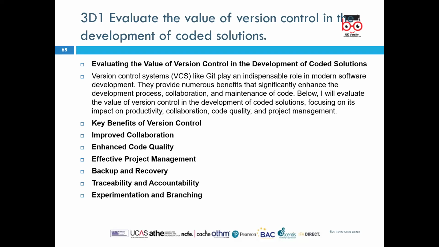In our distinction task, we're now going to evaluate the value of version control in the development of coded solutions. With a version control system like Git, we know that this plays an indispensable role in modern software development.